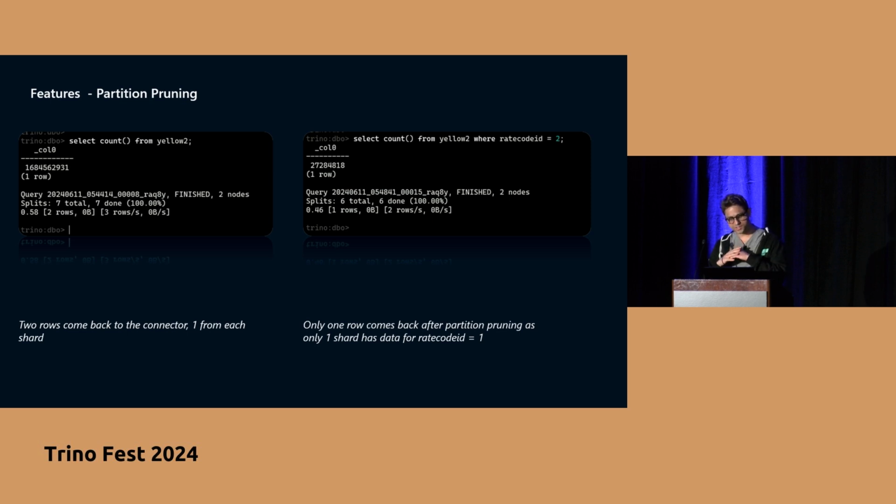The connector understands this predicate and prunes the partitions. In our case, it prunes out one SQL server, which does not have any data for rate code ID 1. So the query really fans out to one SQL server. In this specific scenario, rate code ID was one of the partitioning keys for my tables. This is really useful in saving unnecessary calls going out to SQL servers which don't really serve any data.